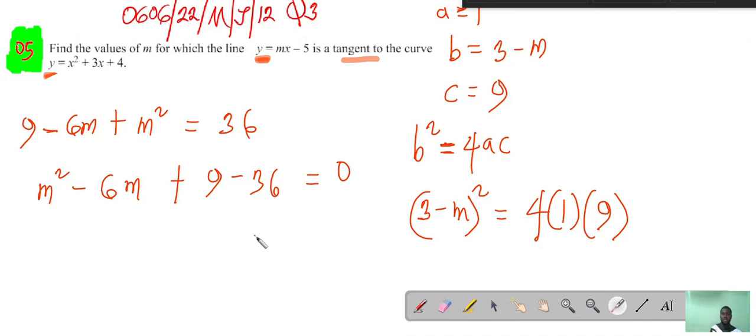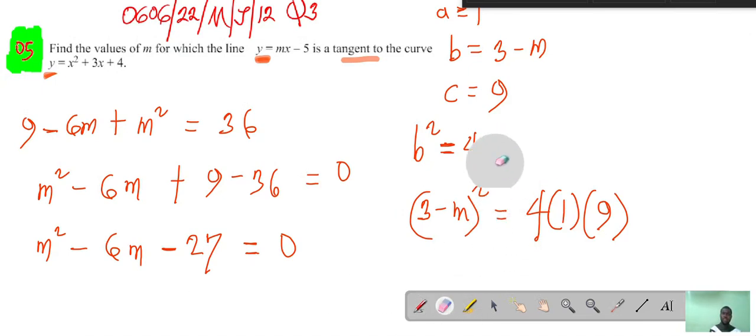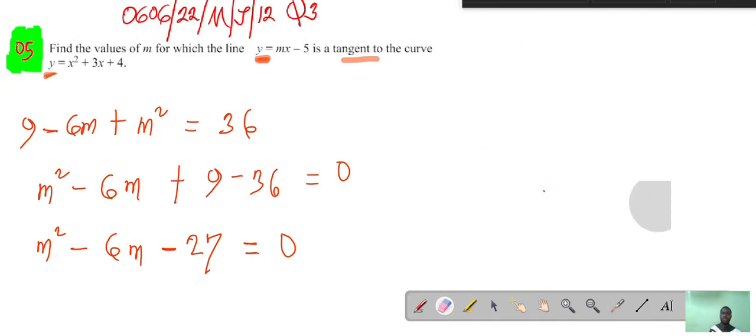Once we see squared, that's quadratic, equal to 0. So you have m squared minus 6m, minus 27 equals 0. Yes, so this can now be solved to obtain answers. But quickly, I'm not going to use the quadratic formula.